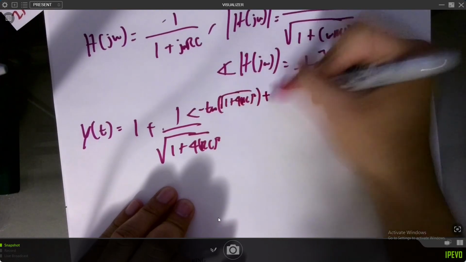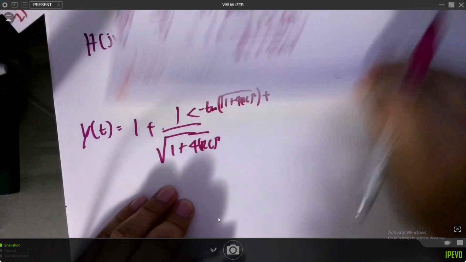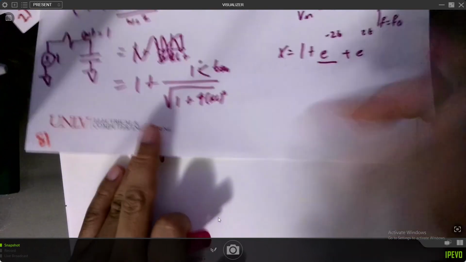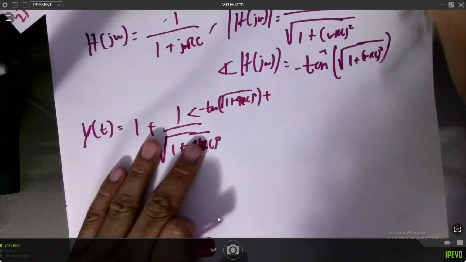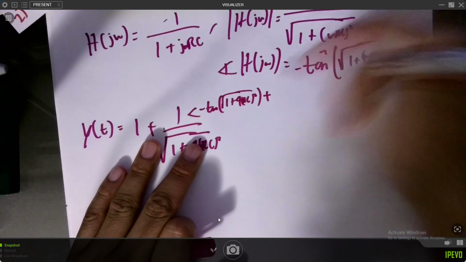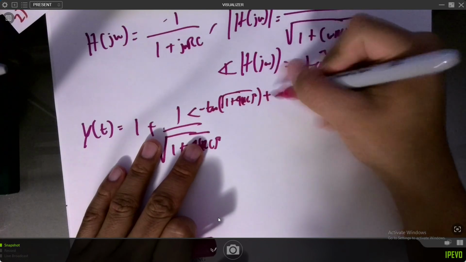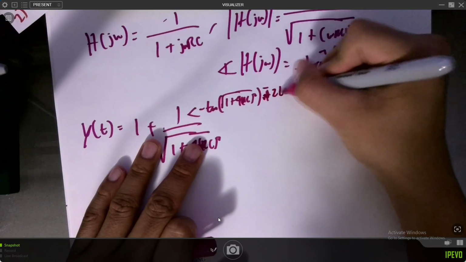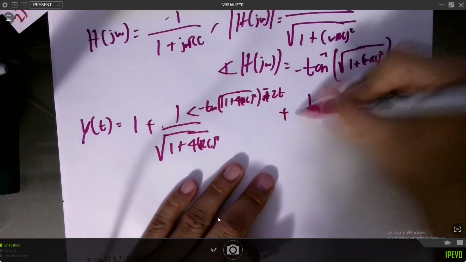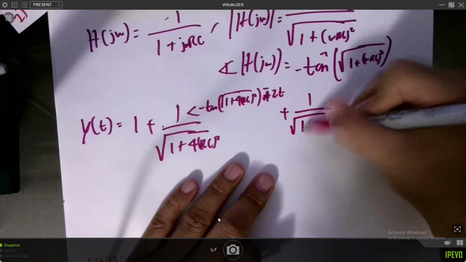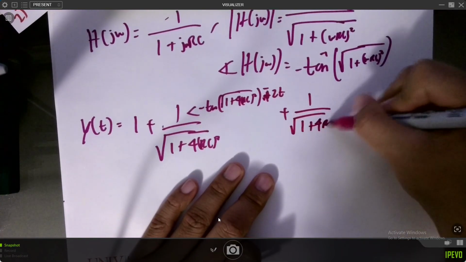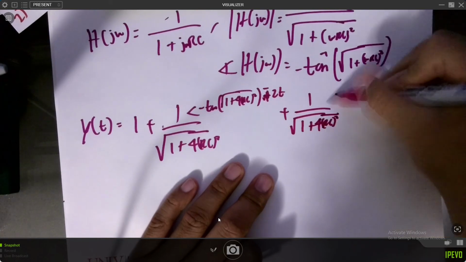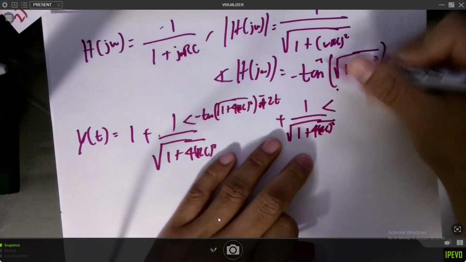Then plus, because our input signal is this. No, that's minus. I think that's a minus. 2t plus 1 over the square root of 1 plus 4RC squared, angle positive. I think that's going to be a positive.